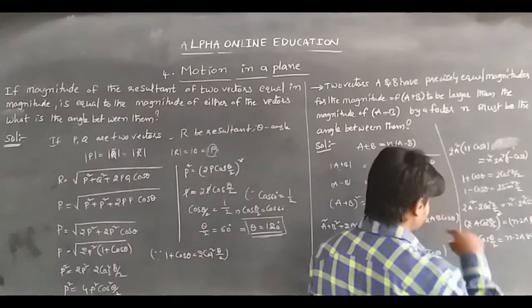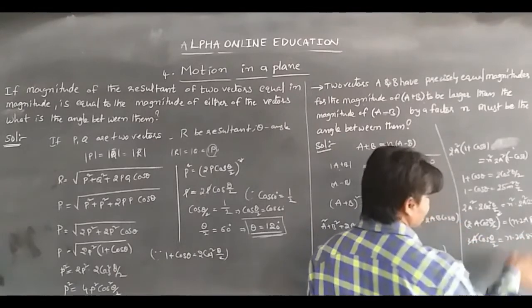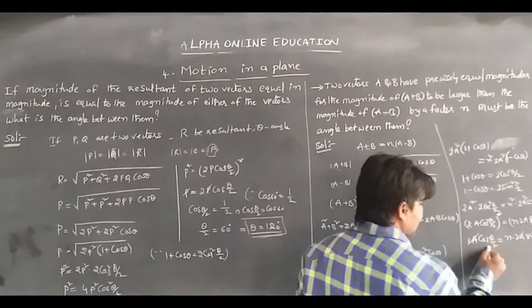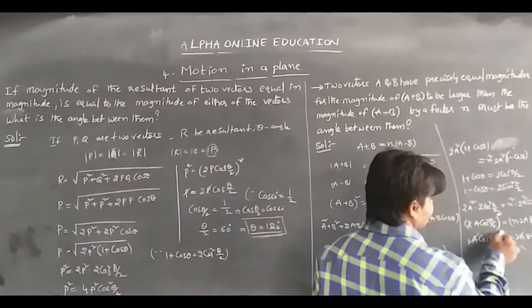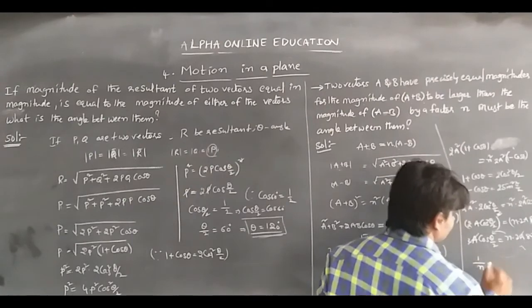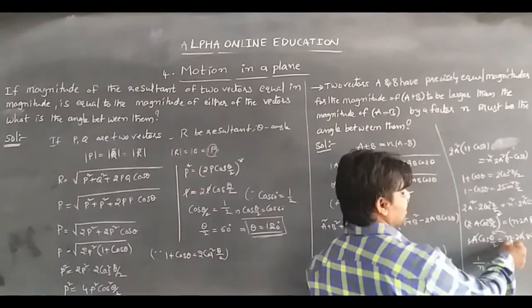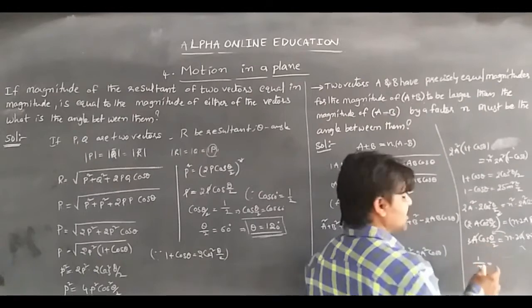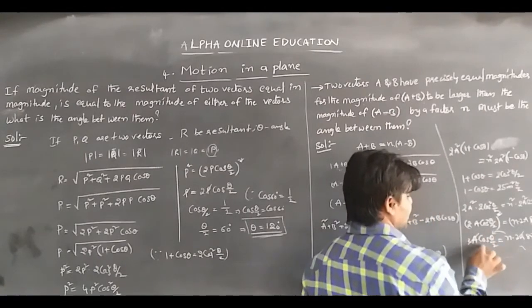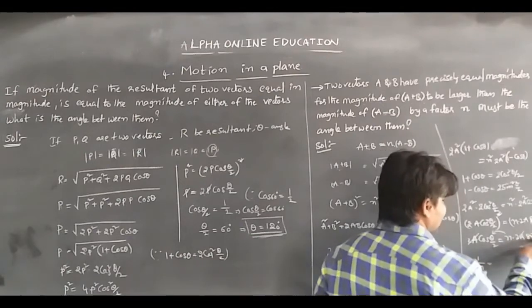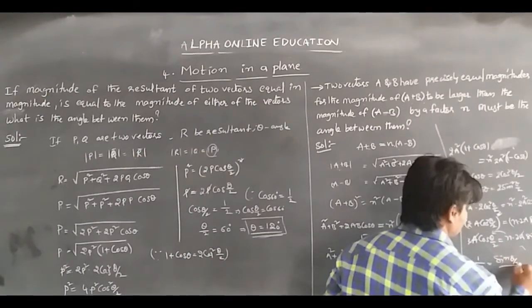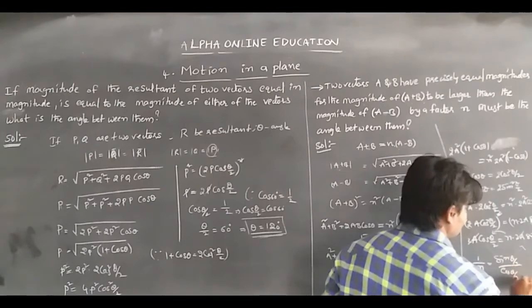From this equation 2A gets cancelled, then cos theta by 2 is taken to this side and n taken to this side, so it becomes 1 by n, because whenever something in the numerator is taken to the other side it is divided. Here we get 1 by n is equal to sin theta by 2 by cos theta by 2.